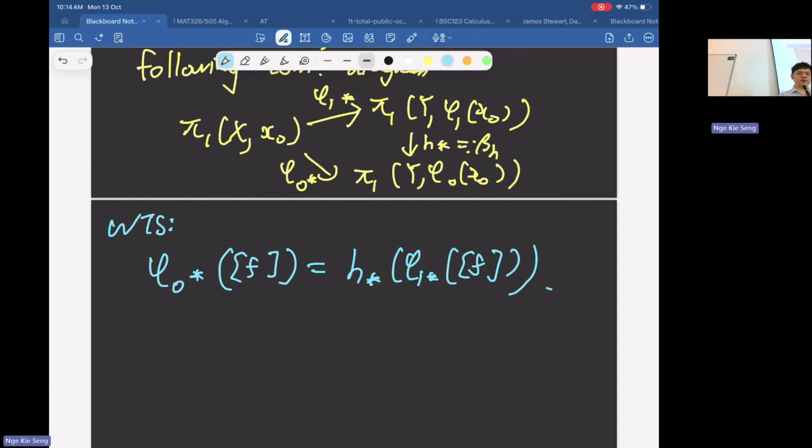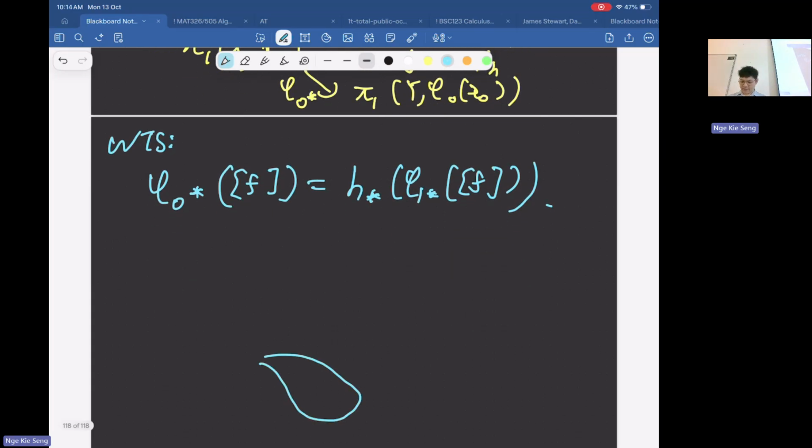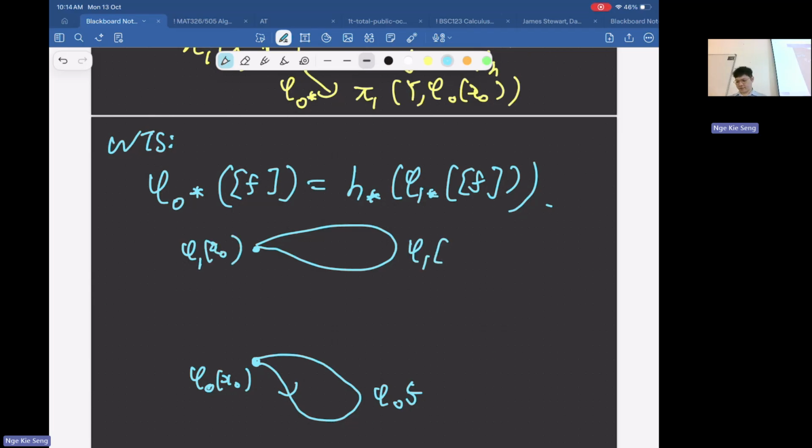What sort of homotopy should you use here? On one side, you have φ0 x0 with a base loop here. Another loop is looping at φ1 of x0, and then this is φ1 x. So what's the homotopy between them?